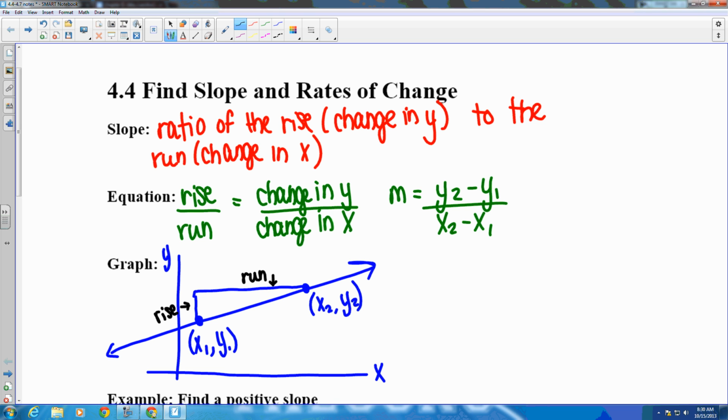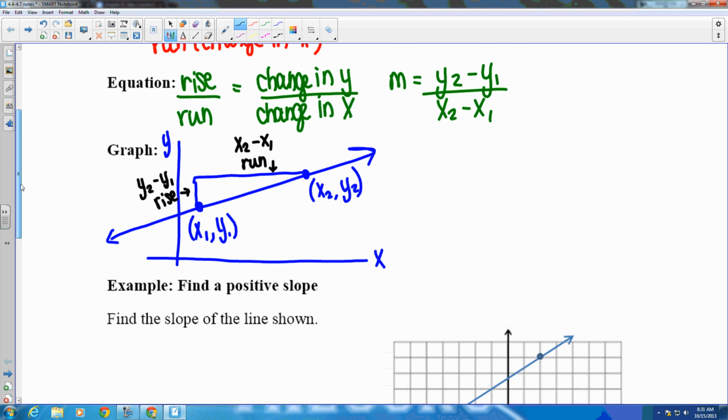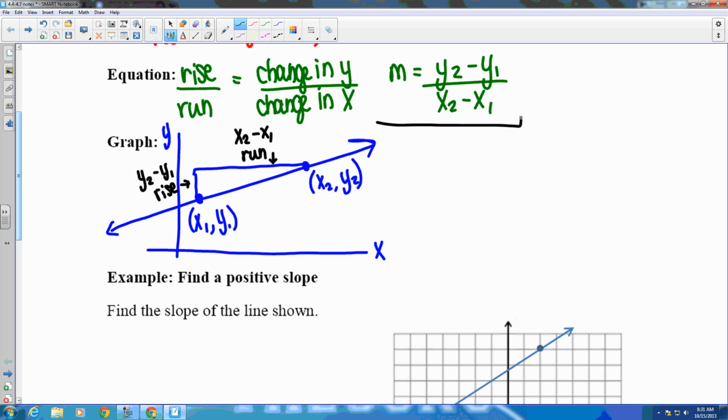Vertical is the rise, horizontal is the run. The run you find by doing x2 minus x1, the difference of the x values, and rise you find by y2 minus y1, the difference of the y values. The most important thing to remember when you need to know what slope is, is the formula for slope, which is y2 minus y1 over x2 minus x1.